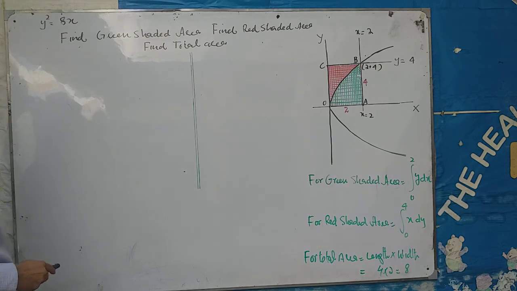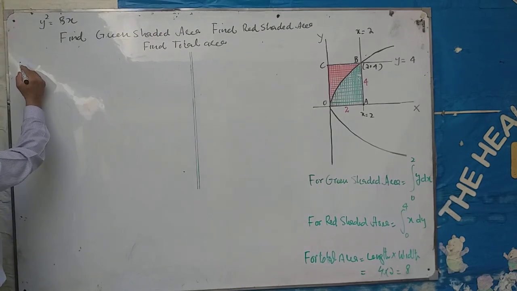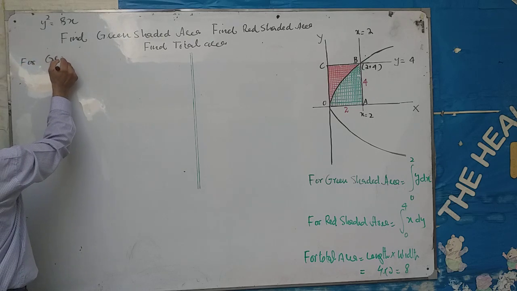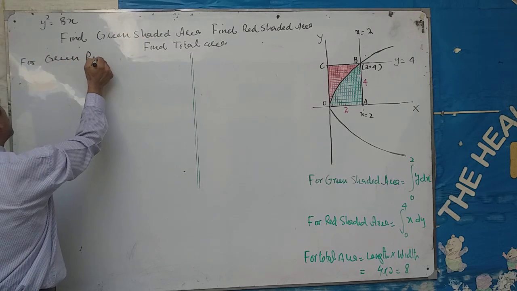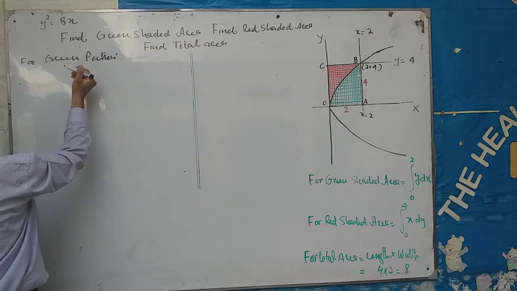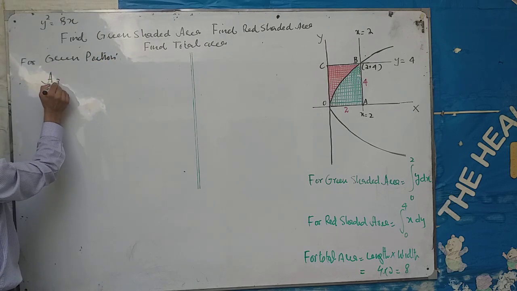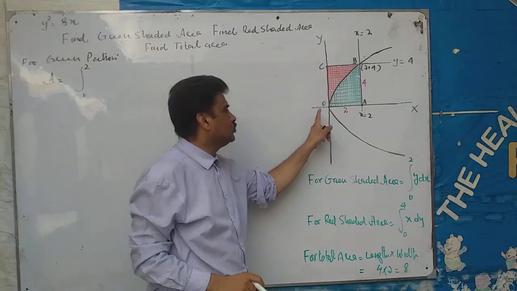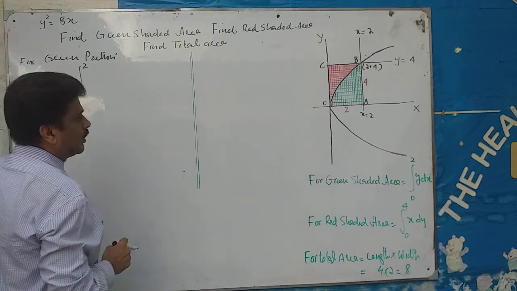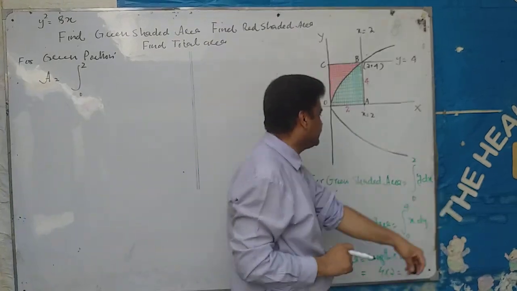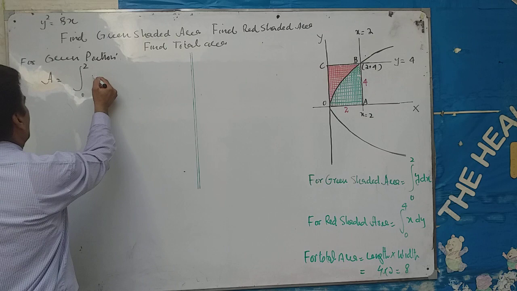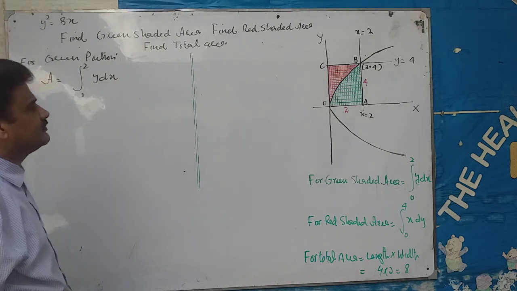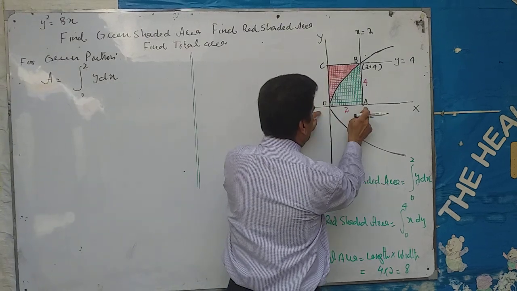For the green shaded portion, area will be equal to integral from 0 to 2 of y dx. We use the formula y dx because the limits of integration are values of the x coordinate.